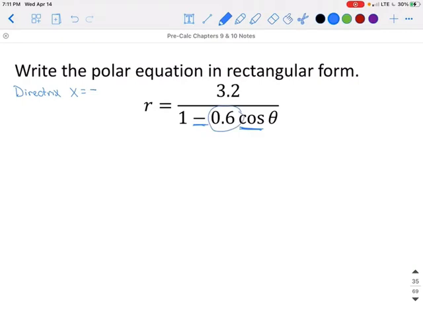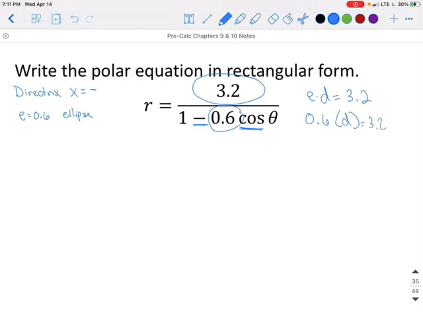Now remember, the value right in front of your sine or your cosine is your eccentricity. So our eccentricity is 0.6, which does tell us, because this is between 0 and 1, that it is going to be an ellipse. Now we know this numerator is equal to E times D, and we already know that eccentricity is 0.6.